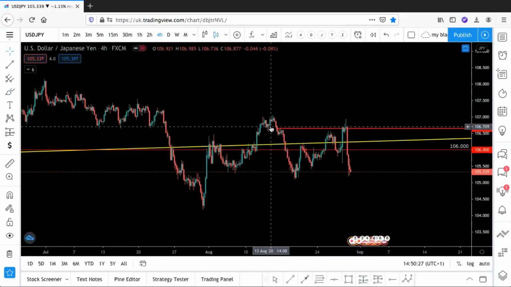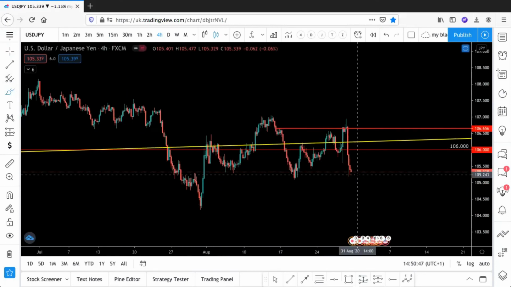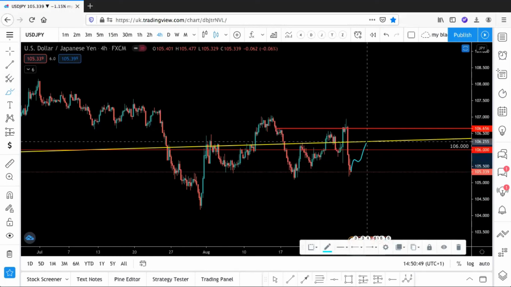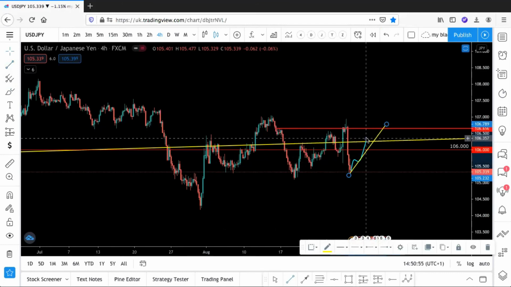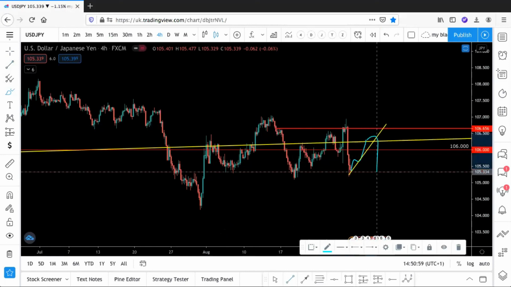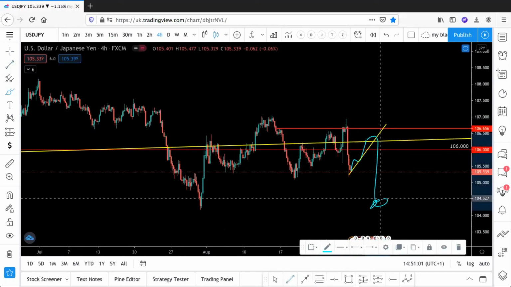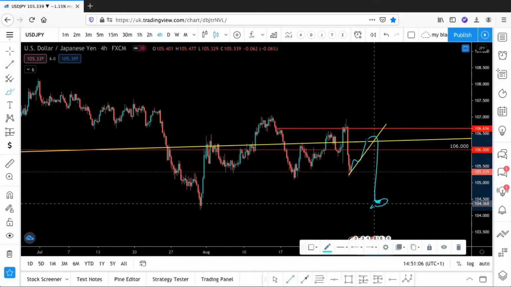Okay, I'm anticipating price to run higher. Then we could expect price to drop to this level. This level is what I'm anticipating on USD-JPY, right?